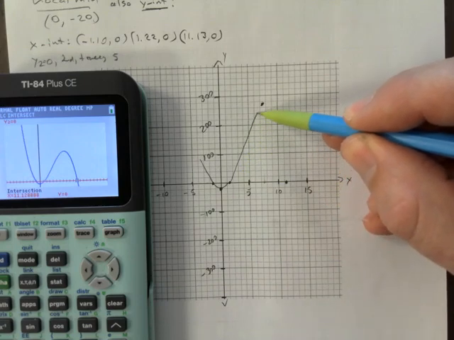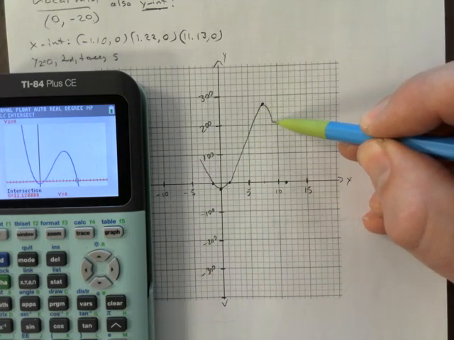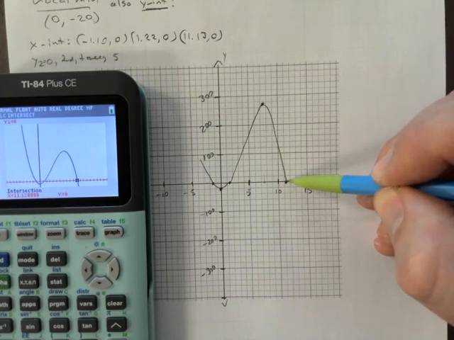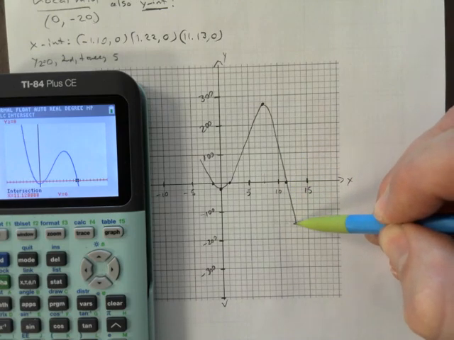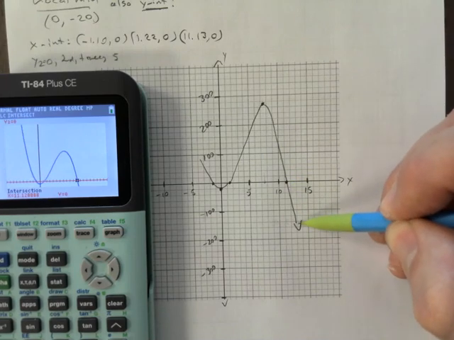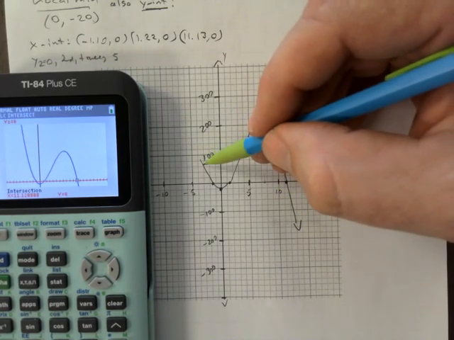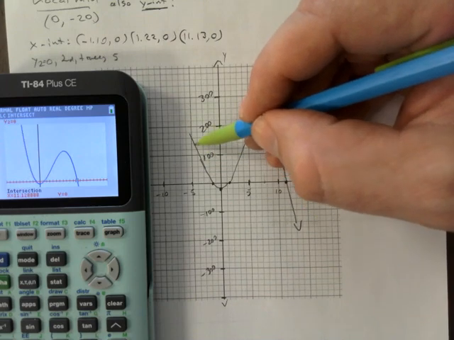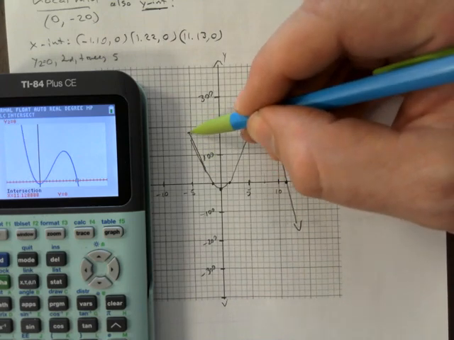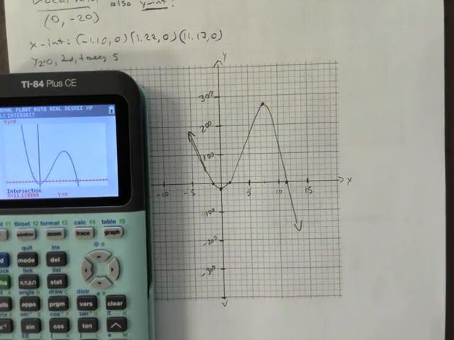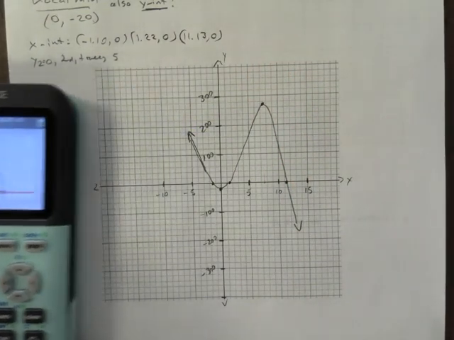You go to the local max, and then you come down to the x-intercepts. And then from there on, you want to continue with the same trajectory and just go further out. And here, you also want to make sure this doesn't cave in. Okay, that is what my graph looks like.